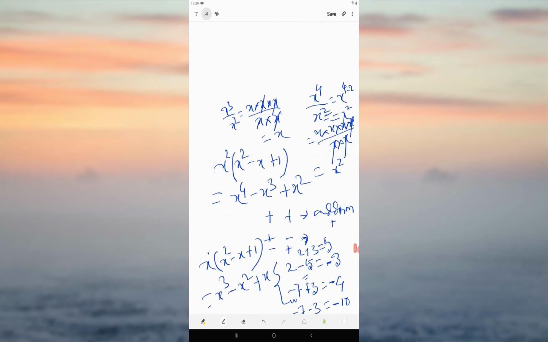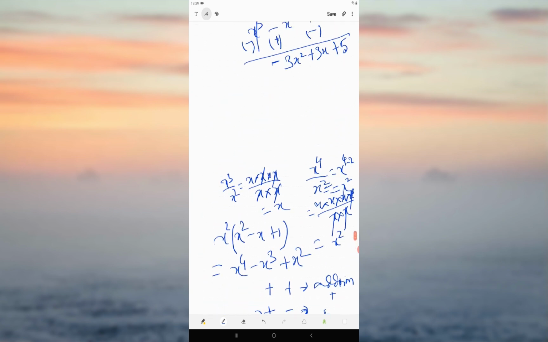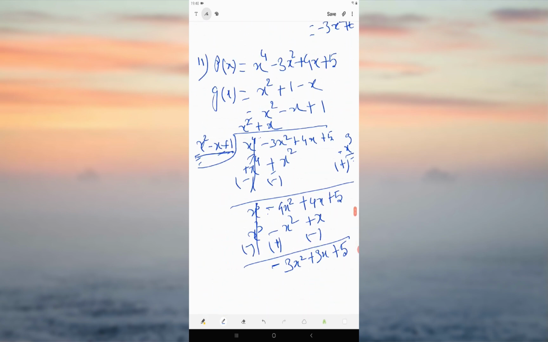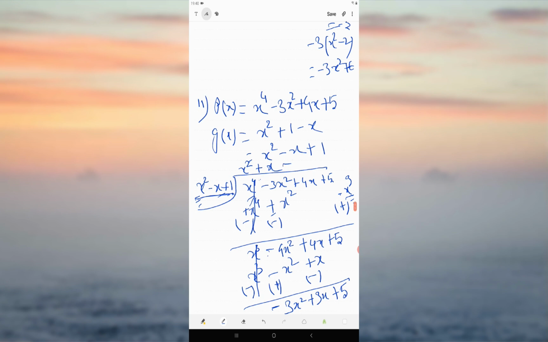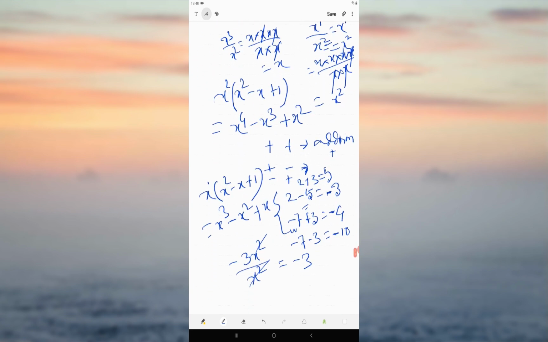So we will divide minus 3x square first with x square. Correct? So if we are dividing, we are getting minus 3. So we will write in the quotient minus 3 first. Okay. Now this minus 3 should be multiplied with not only x square but the whole thing. So let's multiply minus 3 by x square minus x plus 1. Okay.